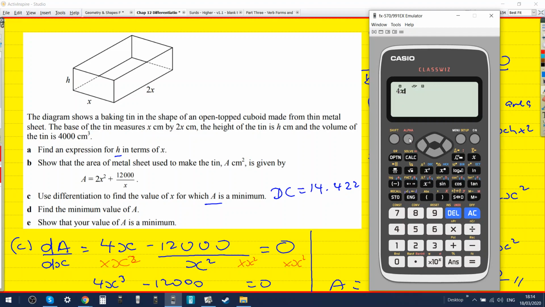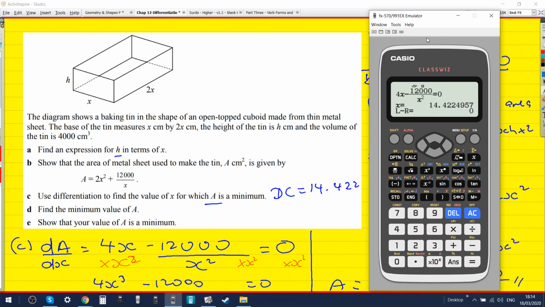Do you do the other way around? No. The minimum of A. Yeah. So what did we just find? The value of x when A is minimum, so do we use that value of x and sub it back into the equation from B?